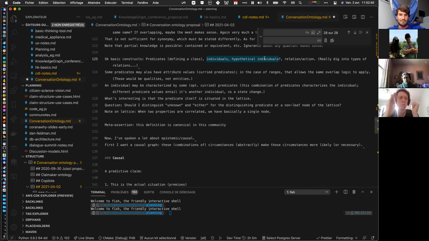So different predicates may be true about the individual at different times. I think the same also for concepts. Concepts change over time. Which definition is used for a term changes over times and communities? Yes, that was the meta claim we were speaking about earlier, the meta assertion. This definition is canonical in this community, and I will add at time X.